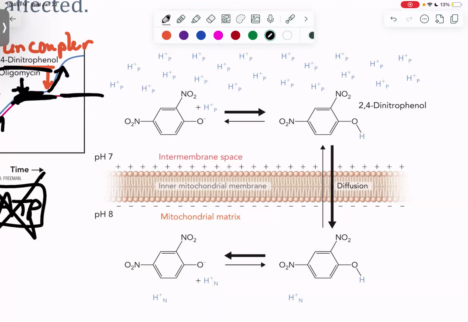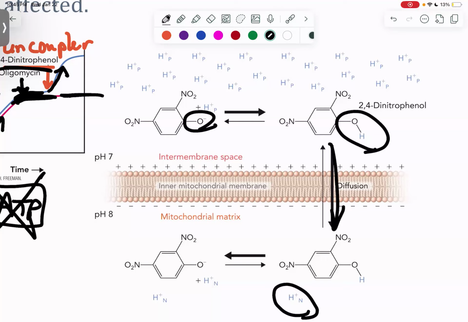And when it accumulates in cell membranes, it can attach to protons. So our oxygen here can pick up a proton. Once it picks up that proton, it diffuses a little bit better into the mitochondrial matrix and then drops off the proton there. So it acts as an uncoupler.